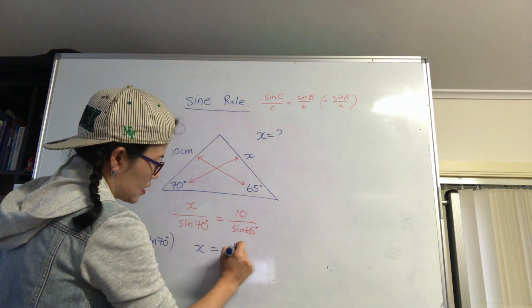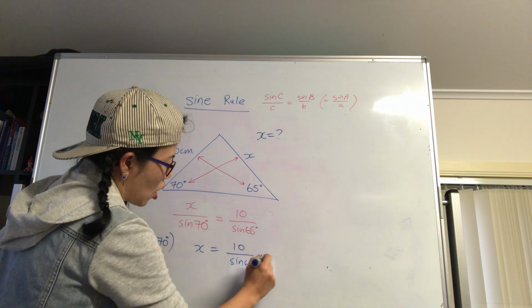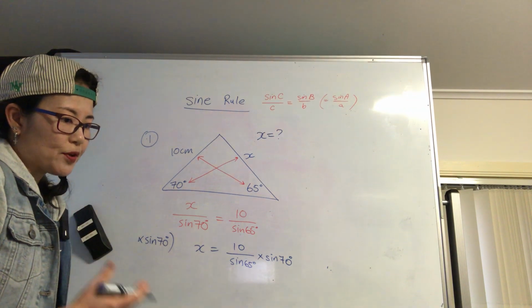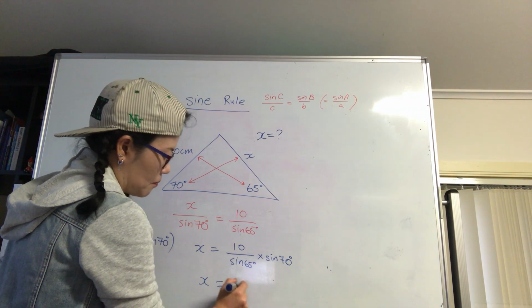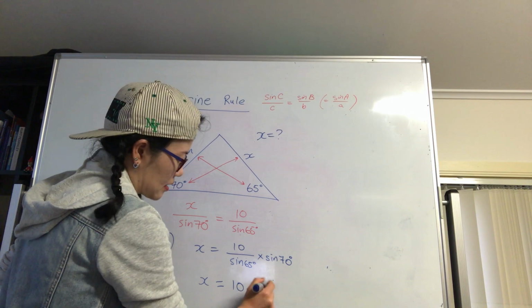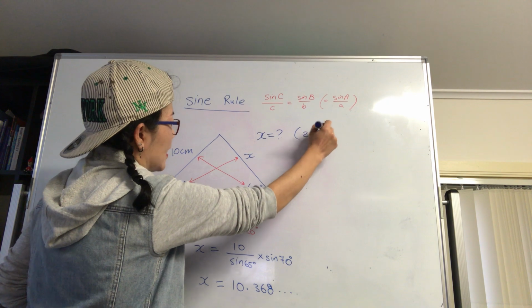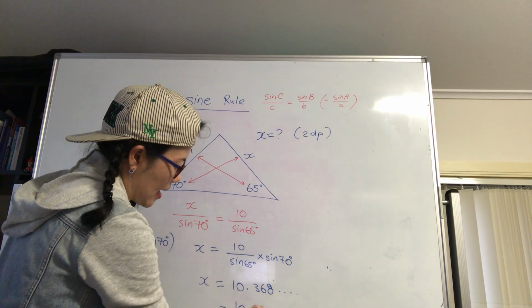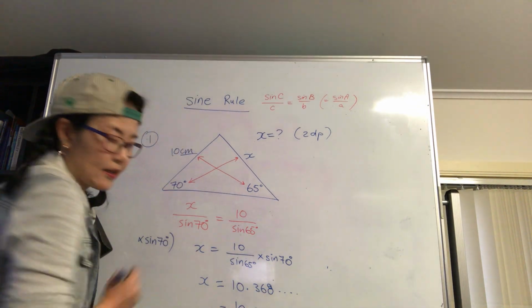X equals 10 over sine 65 times sine 70. Put that in a calculator. What do you get? You get 10.368... and I'm going to make it into 2 decimal places, so it'll be 10.37. What's the unit? Centimeters, because it's a side.